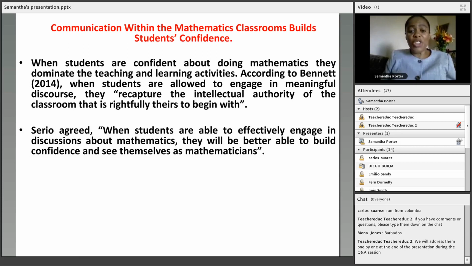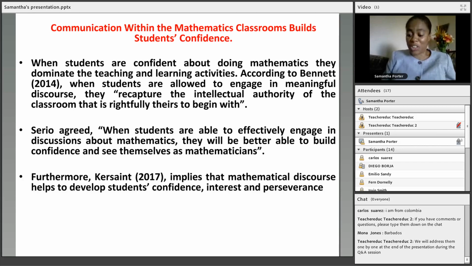Sarah argued, when students are able to effectively engage in discussion about mathematics, they will be better able to build confidence and see themselves as mathematicians. And that is what we want in the mathematics classroom. Further, Cousins implies that mathematical discourse helps to develop students' confidence, interest, and perseverance.